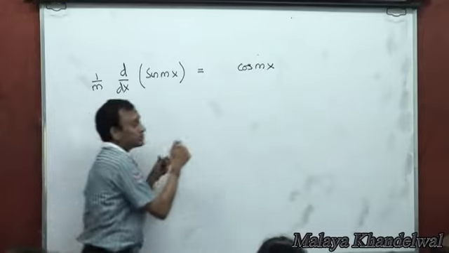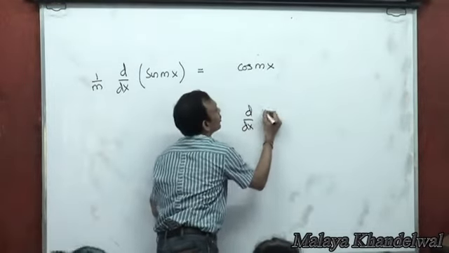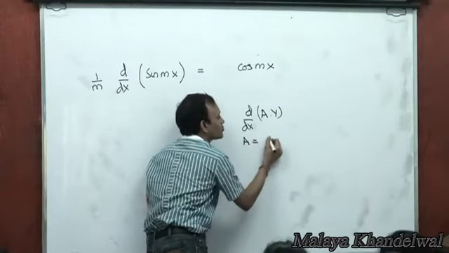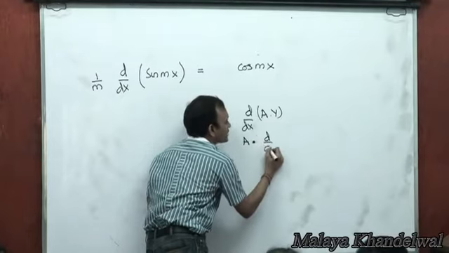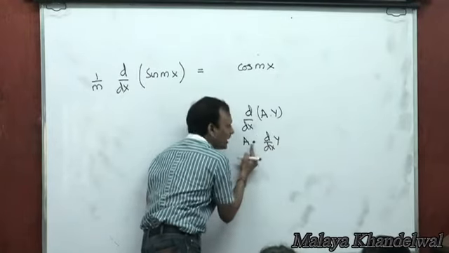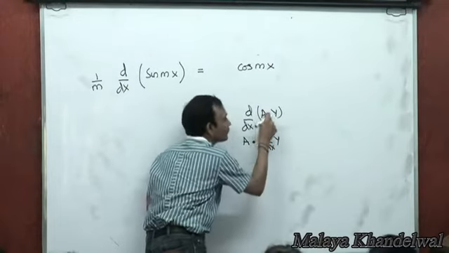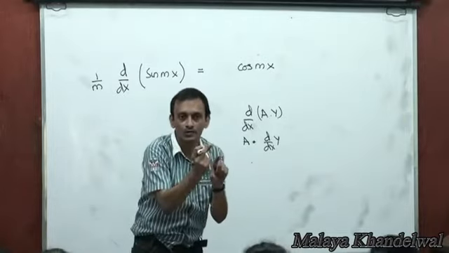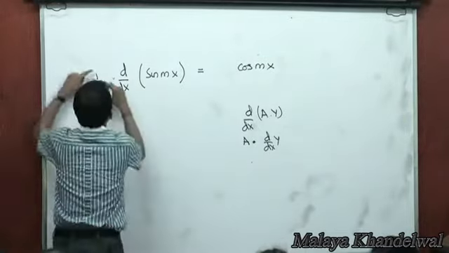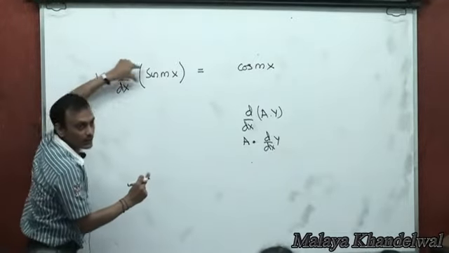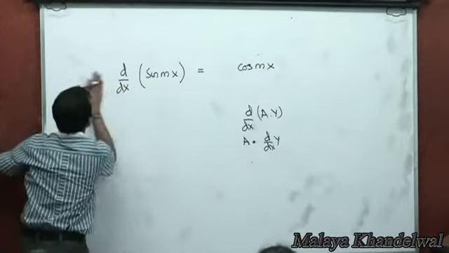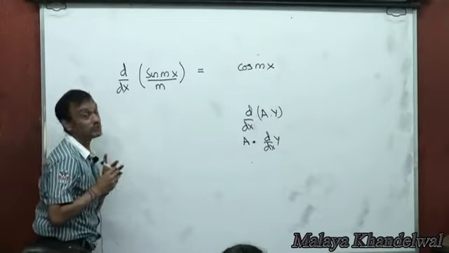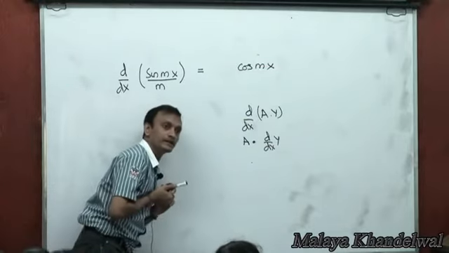A constant a multiplying y can come out of d/dx, and similarly it can walk in. So this 1 by m enters, giving me d/dx of sin mx by m, where m is a constant, is cos mx.